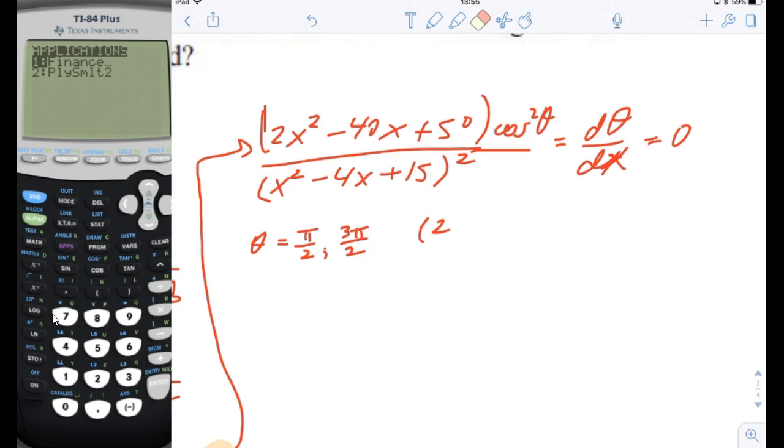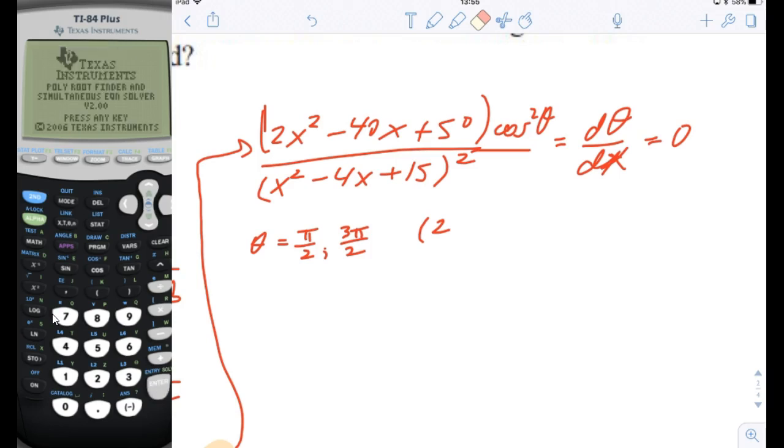Remember how I said that maybe we'll get this to the point where you could at least do it with a regular calculator, not a graphing calculator. So here we are. Now, you could do this by hand. You could figure out the root of 2x squared minus 40x plus 50 by using the quadratic formula.